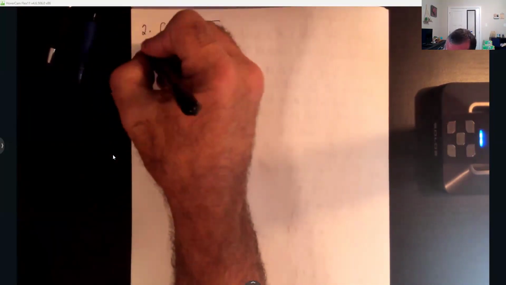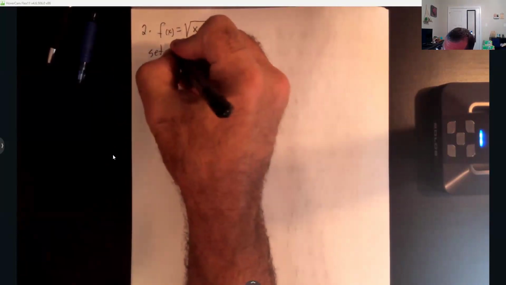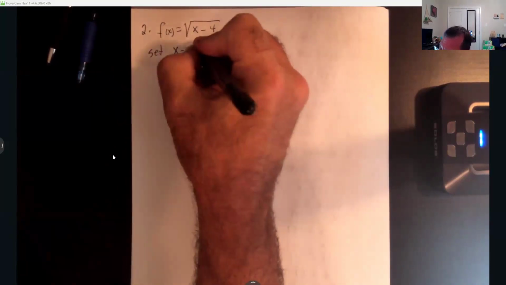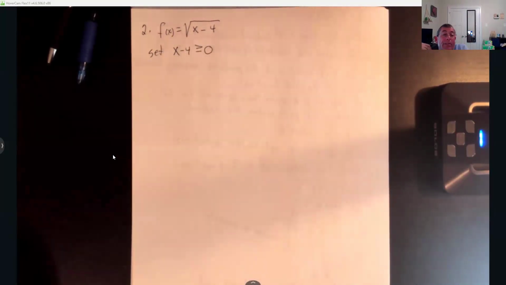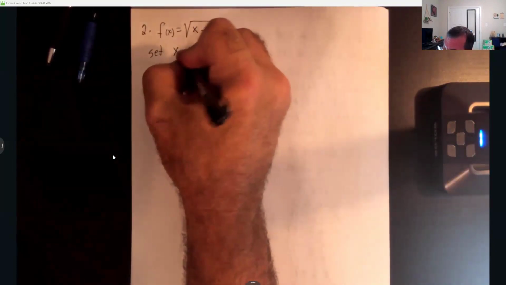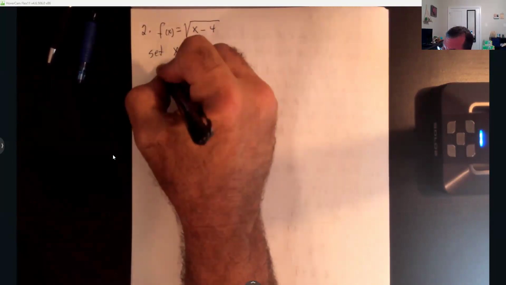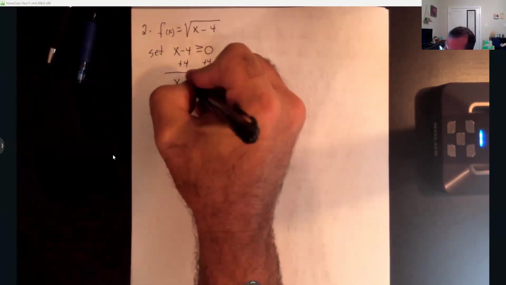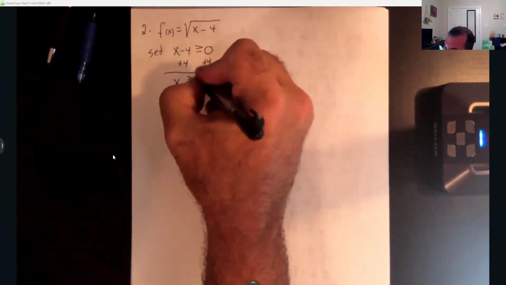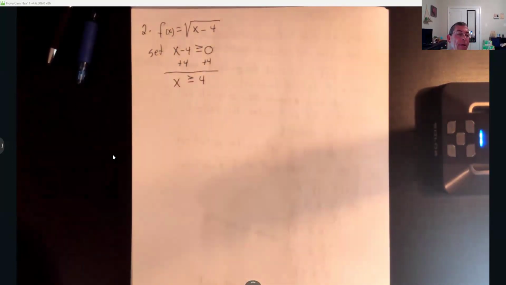So for this number 2, I'm going to set x minus 4 greater than or equal to 0. So y'all, we just got one move on this one. We're just going to what? Add our 4 to both sides. So I'll bring down my x. Those cancel. Greater than or equal to 0 plus 4 gives us 4.